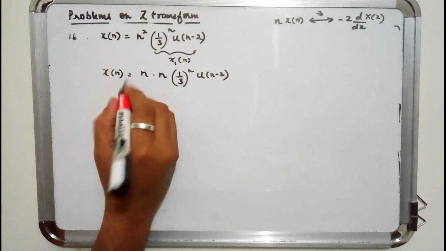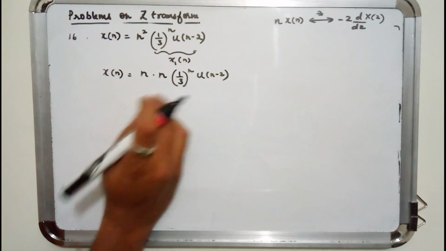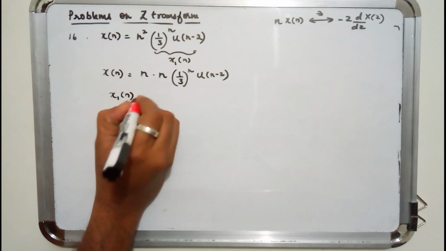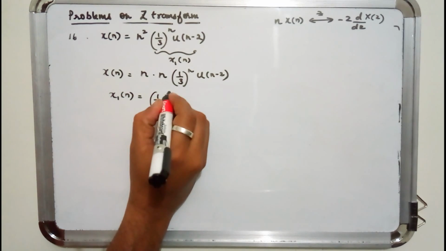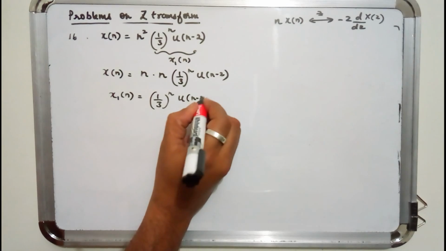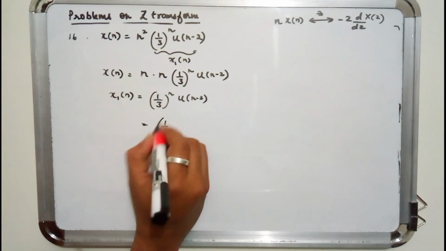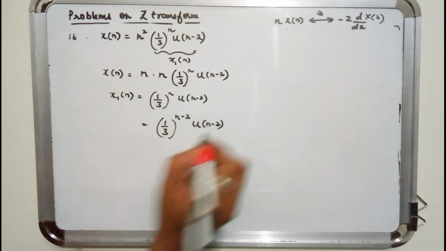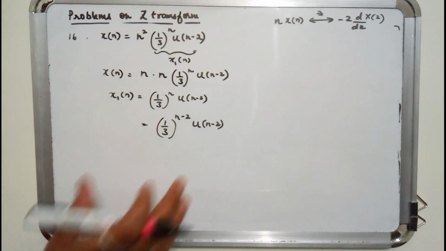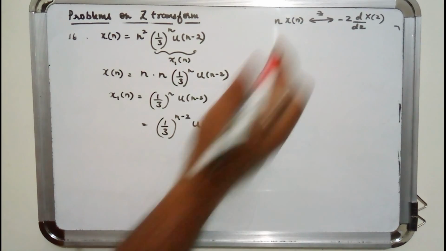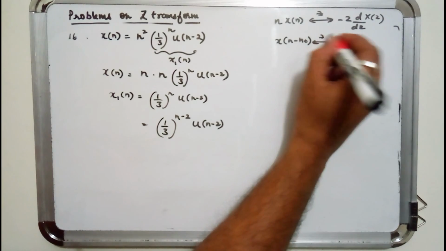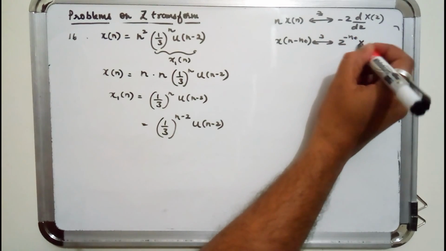Now x1 of n is 1 by 3 power n u of n minus 2. So I can write this as 1 by 3 power n minus 2 u of n minus 2. So this is time shift property. So what is time shift property? X of n minus n naught is z power minus n naught into x of z.